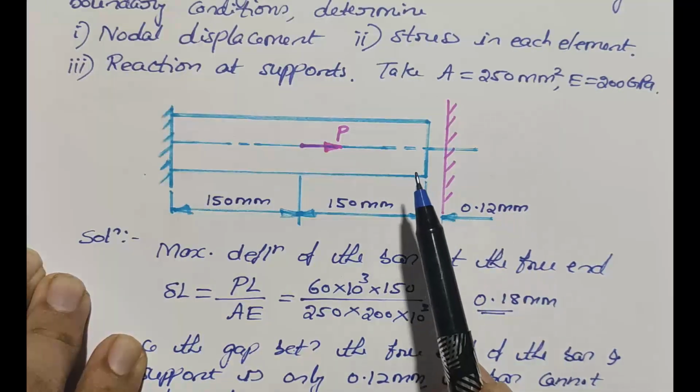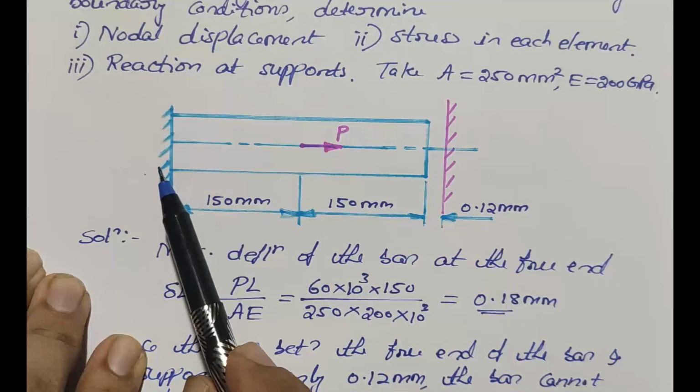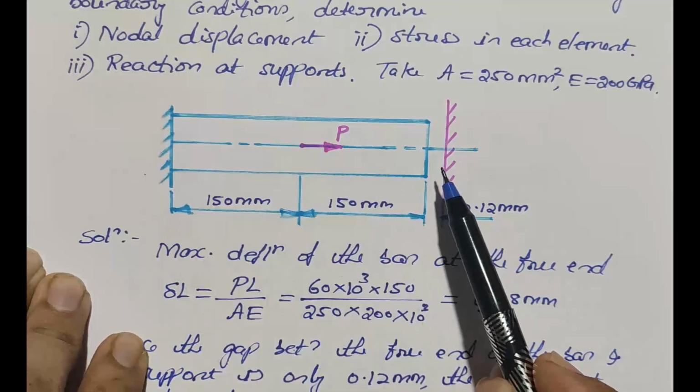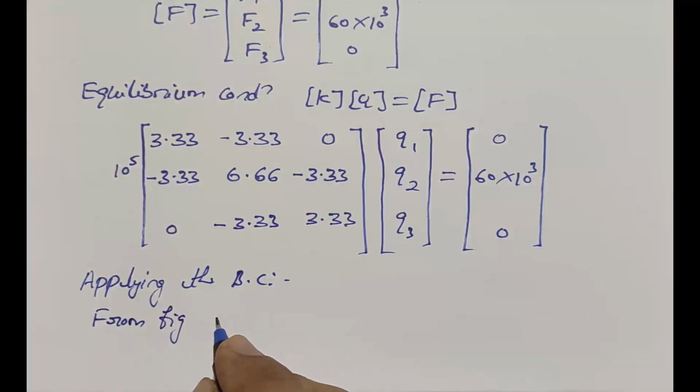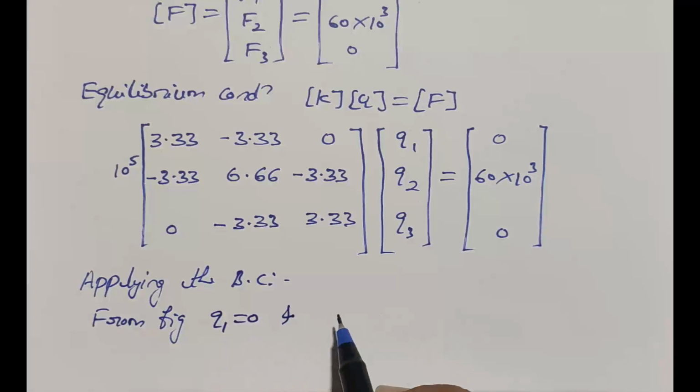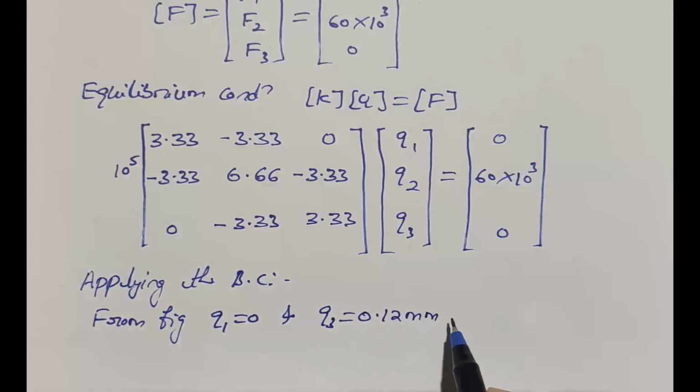In this problem we know the displacement at node number 1 as well as at node number 3. So from the figure, displacement at node number 1, that is Q1, is equal to 0, and displacement at node number 3, Q3, is equal to 0.12 mm.